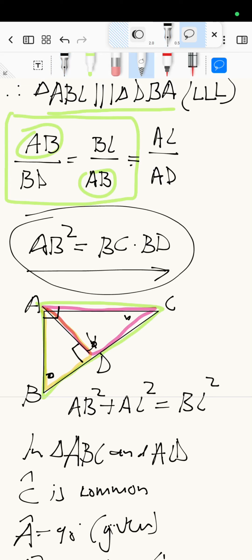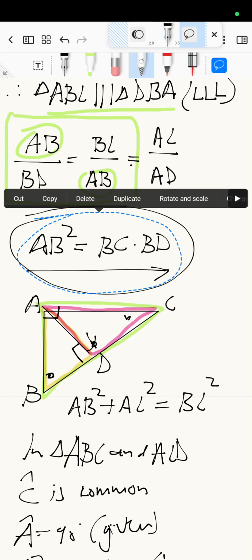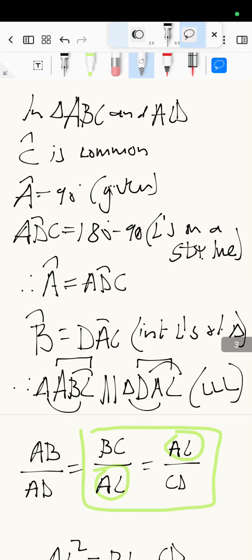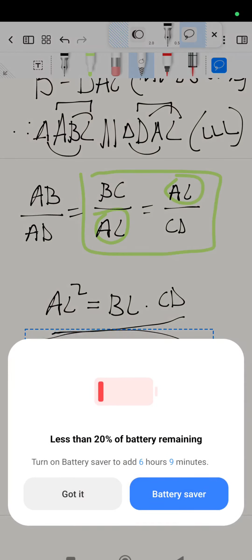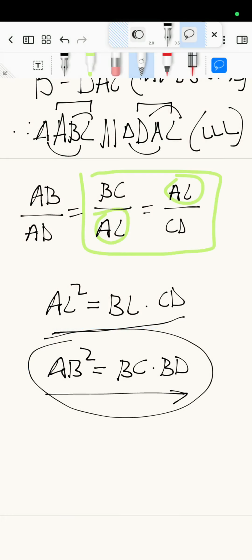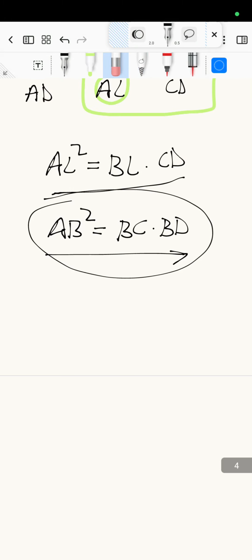Let's copy this. So we have these two, and with these two we are going to prove what AB squared plus AC squared will equal. Let's go with AC squared plus AB squared.